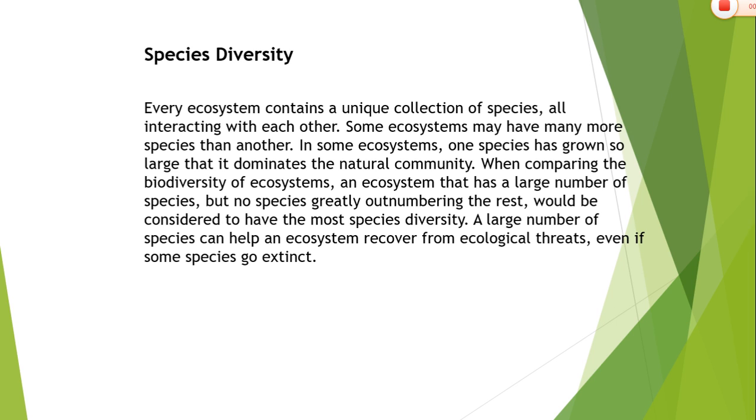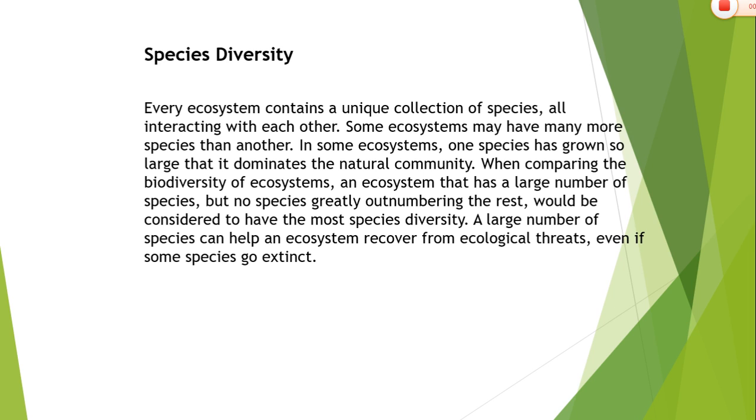Every ecosystem contains a unique collection of species, all interacting with each other. Some ecosystems may have many more species than another. In some ecosystems, one species has grown so large that it dominates the natural community.